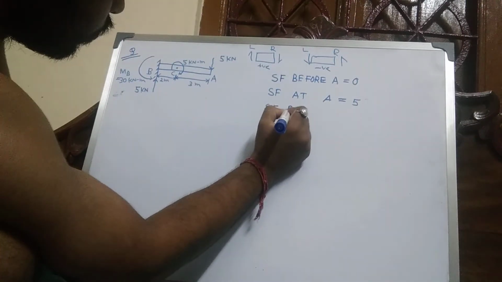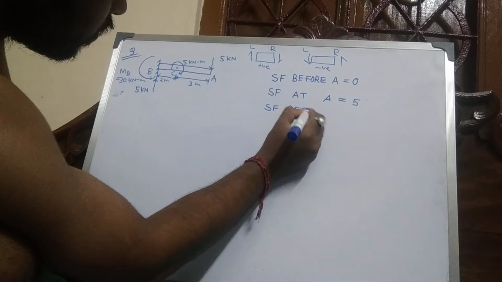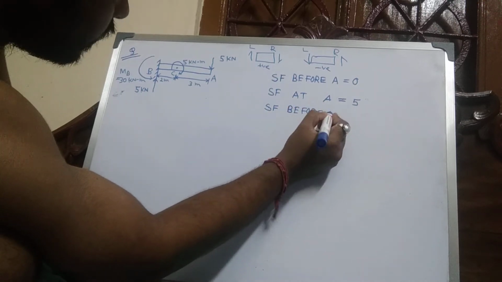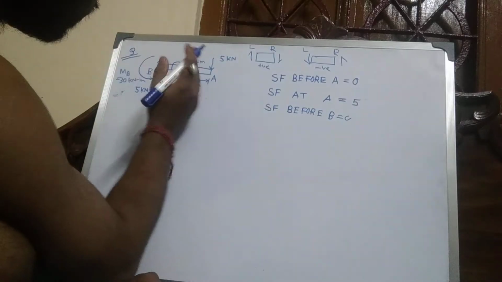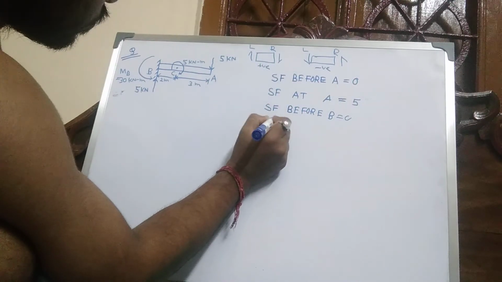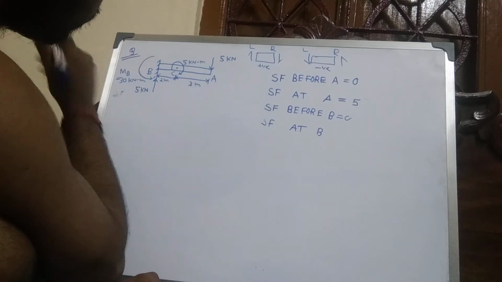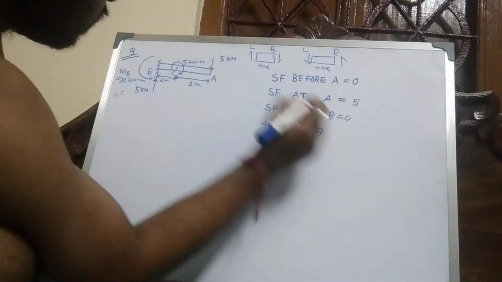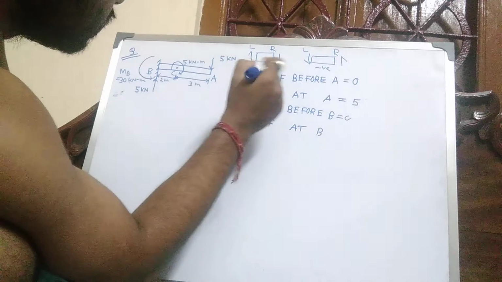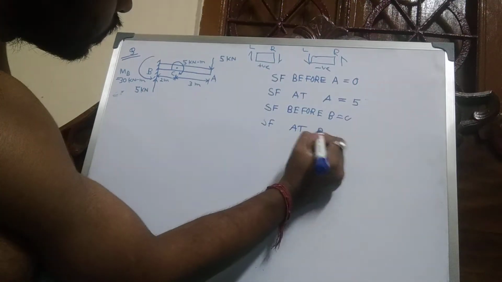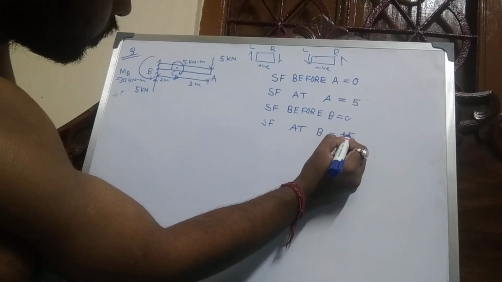Shear force before B is 0, and shear force at B, calculating this B point from the left side, and left side upward means positive, plus 5.